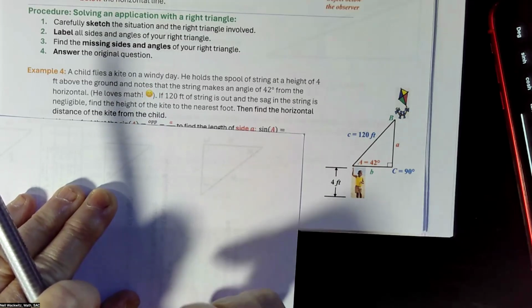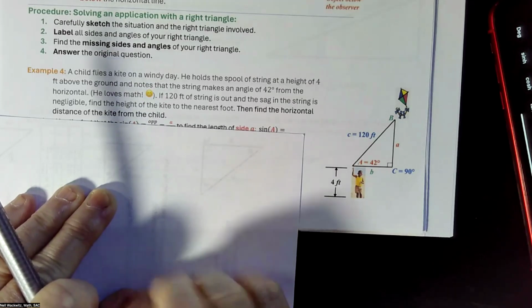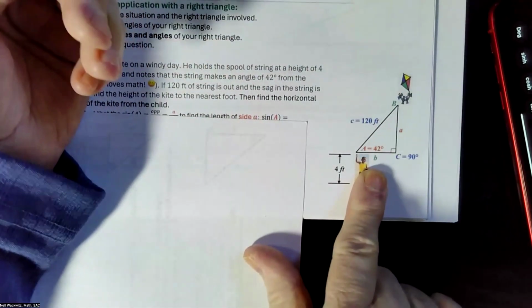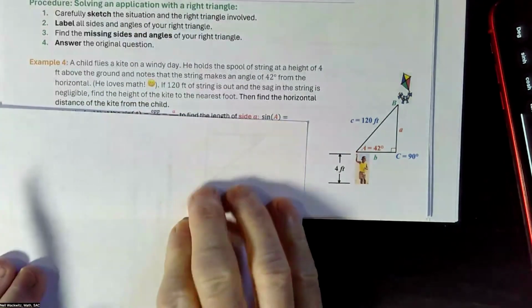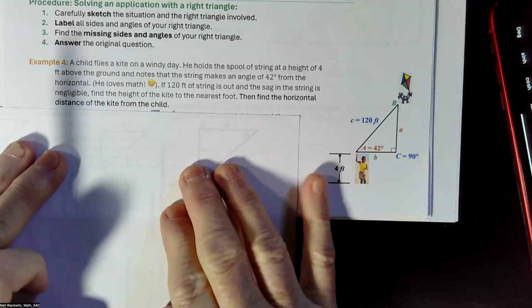We want to find the height of the string to the nearest foot, and how far away the kite is from the child horizontally. In other words, we want to find B, which is the horizontal distance, and A, which is the height with respect to the child. Let's also find the height from the ground.